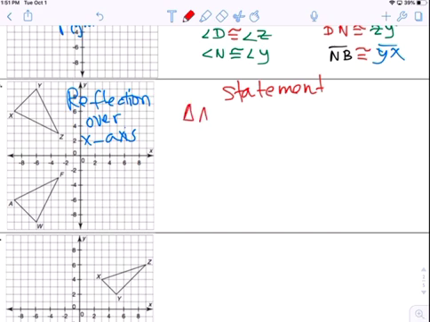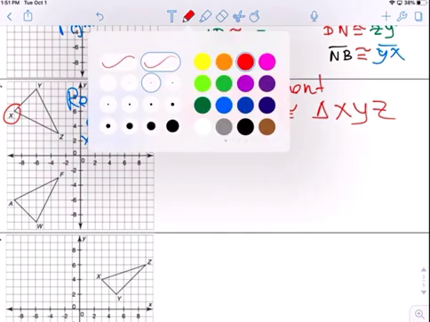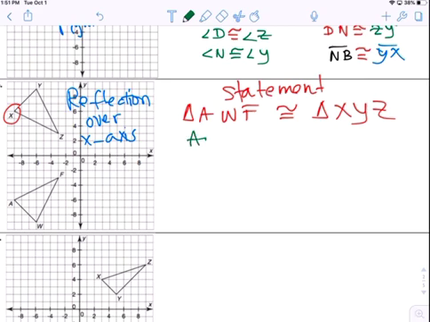Triangle AWF is congruent to triangle XYZ. Okay, and then you do the sides. Angle, let's do angle first.